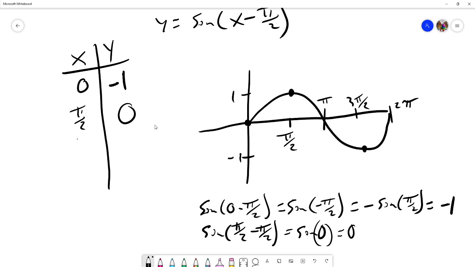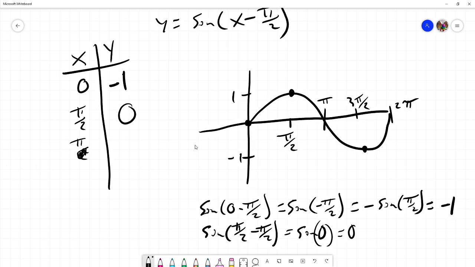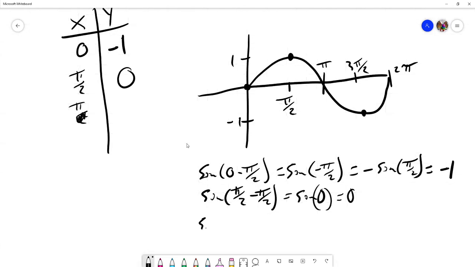And if we plug in just a pi, sine of pi minus pi over 2, that's the same thing as sine of pi over 2, which is equal to 1. By now I think I'm going to start seeing a pattern.